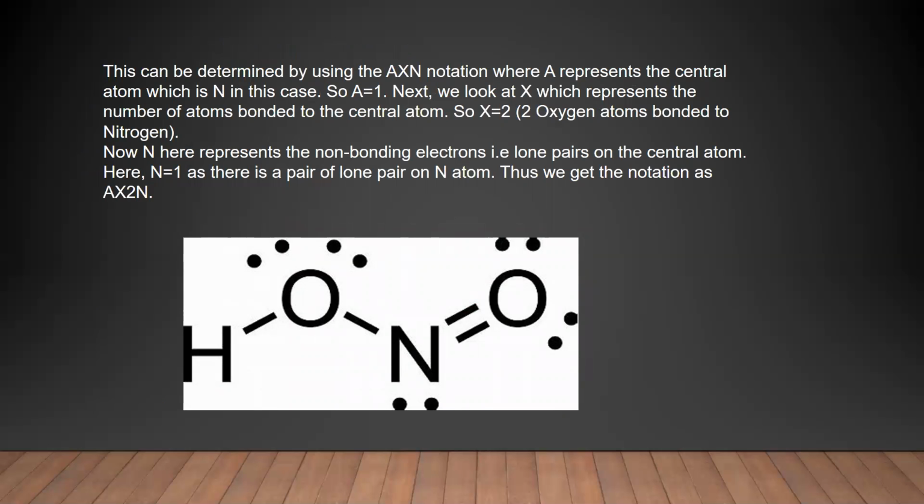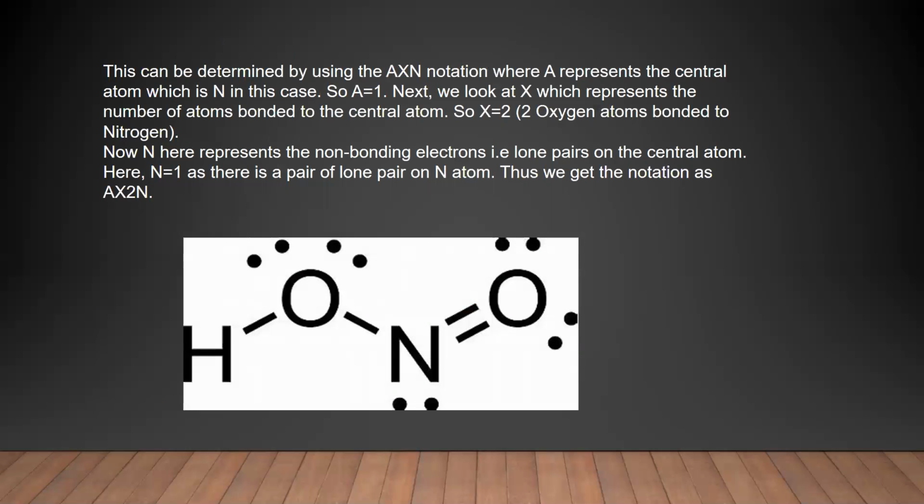Here we also show the molecular structure of HNO2. This can be determined by using the AXE notation, where A represents the central atom, which is nitrogen in this case, so A equals 1. Next, we look at X, which represents the number of atoms bonded to the central atom.